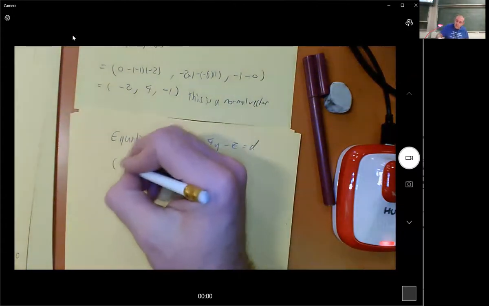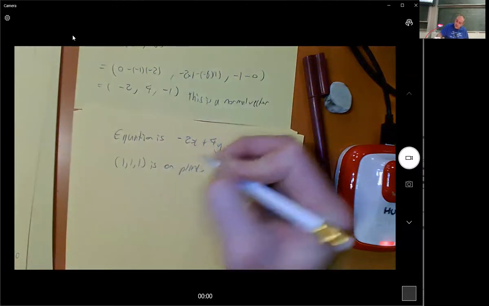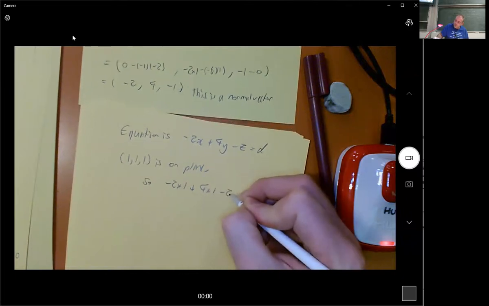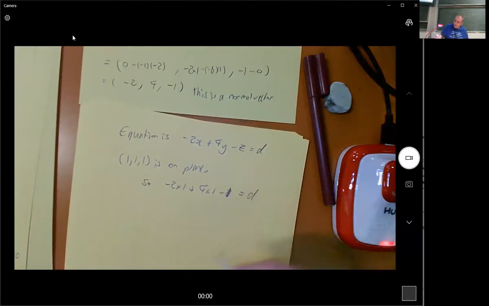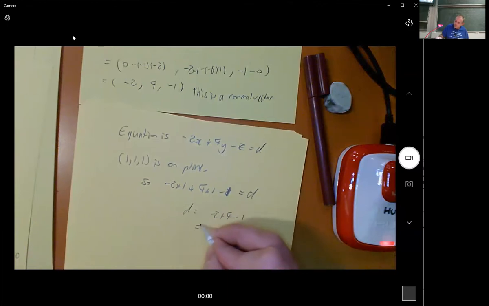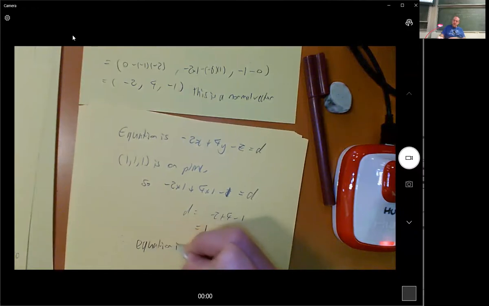And so I know that 1, 1, 1 is on the plane. So minus 2 times 1 plus 4 times 1 minus 1 should be D. So D is minus 2 plus 4 minus 1, which is 1. Nice. And so therefore the equation is minus 2x plus 4y minus z equals 1.